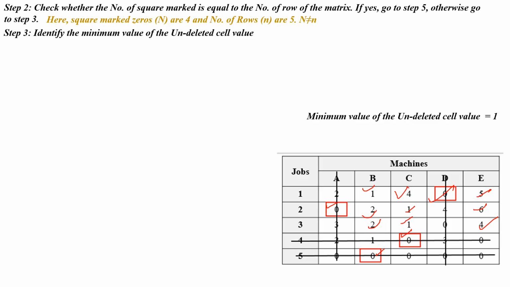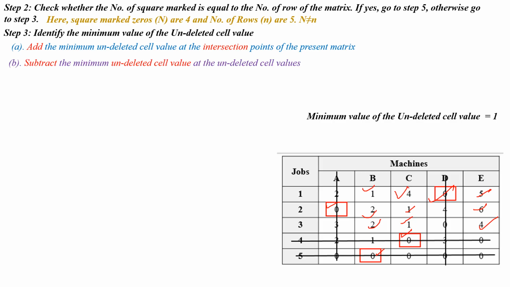After identifying the minimum undeleted cell value, add it at the intersection points of the matrix and subtract it from the undeleted cell values, and the remaining values should not be changed.